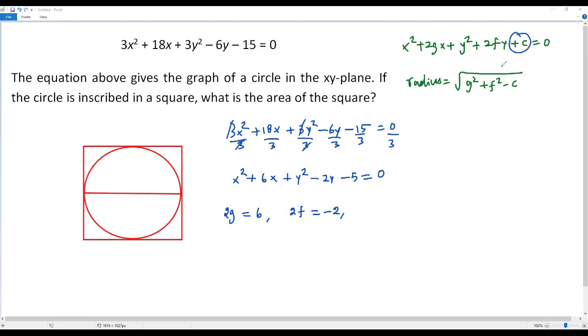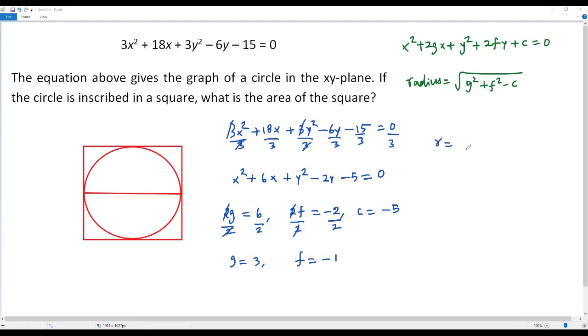The constant term is c, and here it is -5. Let's solve for g and f. Dividing both sides by 2, the 2 cancels, and I'm getting g = 6 divided by 2, which is 3. Doing the same for y, dividing both sides by 2, I'm getting f = -1. Here I got the values of g, f, and c.